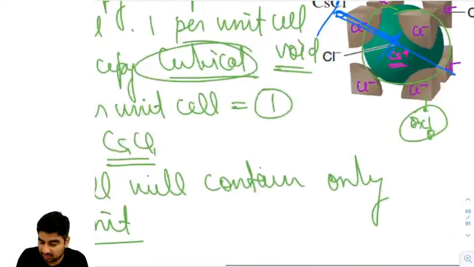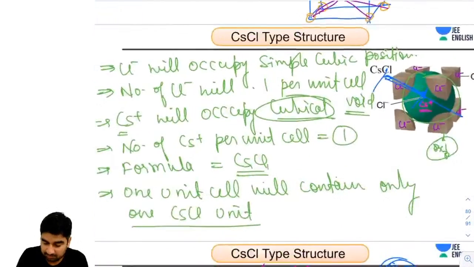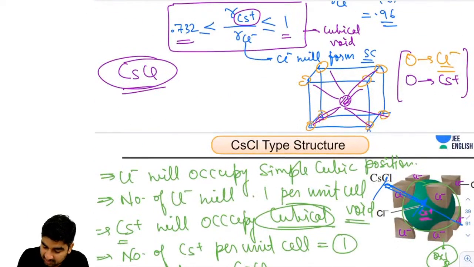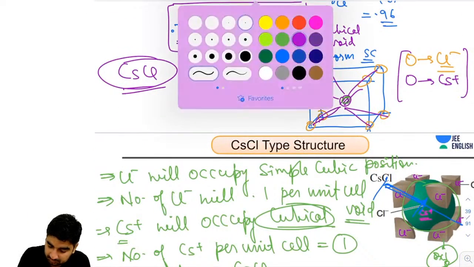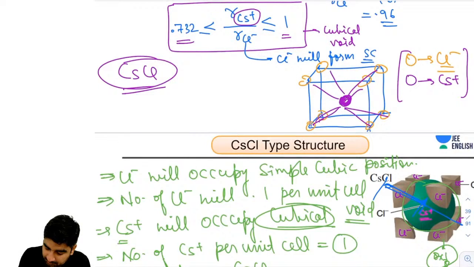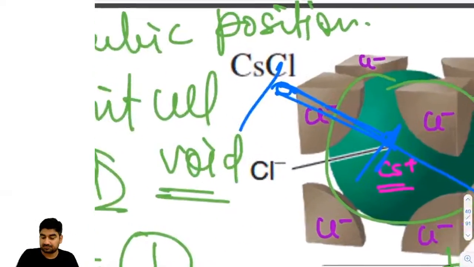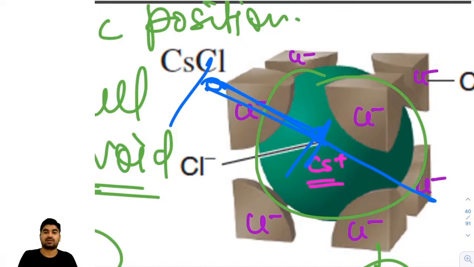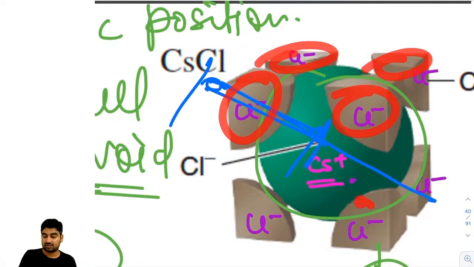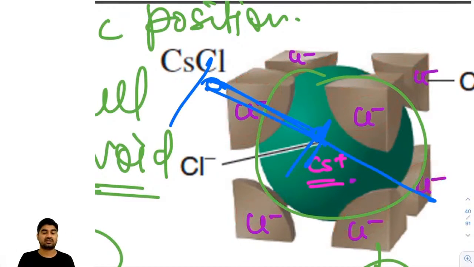So here you can see the cesium atom. This is the cesium and it is surrounded by 8, 4 below and 4 above. Here you can see this green color is cesium plus. So it is in contact with these chlorides. How many chlorides are these?